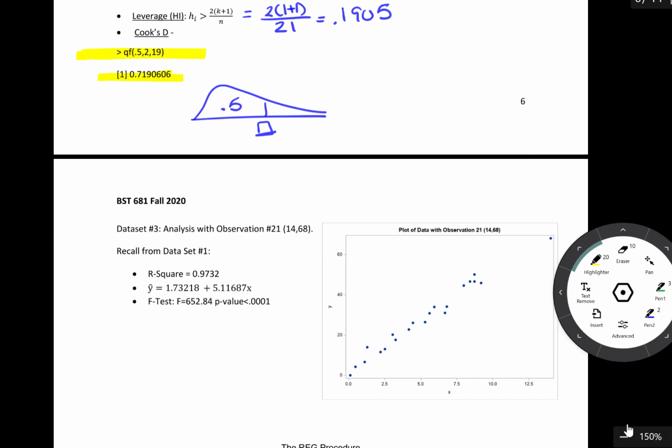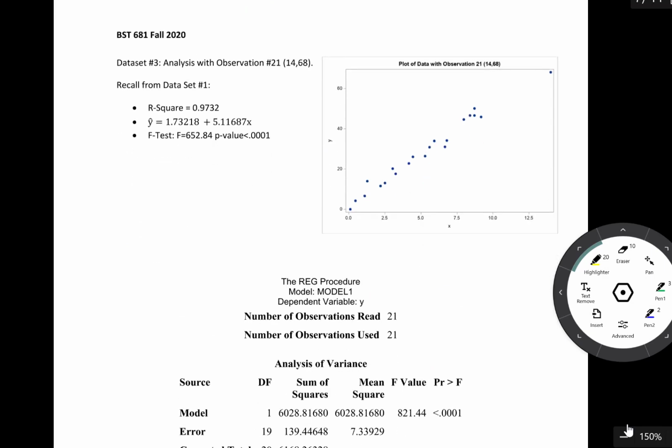All right, let's do the same thing, but look at a third example. So now we're adding in a different 21st data point, and notice this time we're adding in an observation all the way out here. Now before we go through and look at whether or not this is an outlier, let's talk about whether or not we anticipate this to be influential. When we talk about something being influential, we're saying that it's going to change the regression analysis. Notice all of our original data points are in this region here.